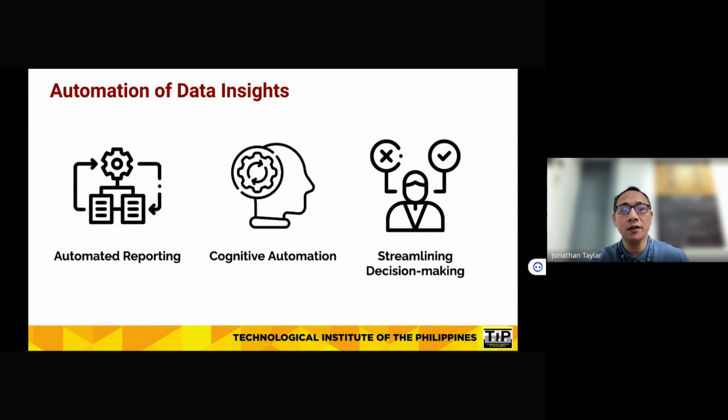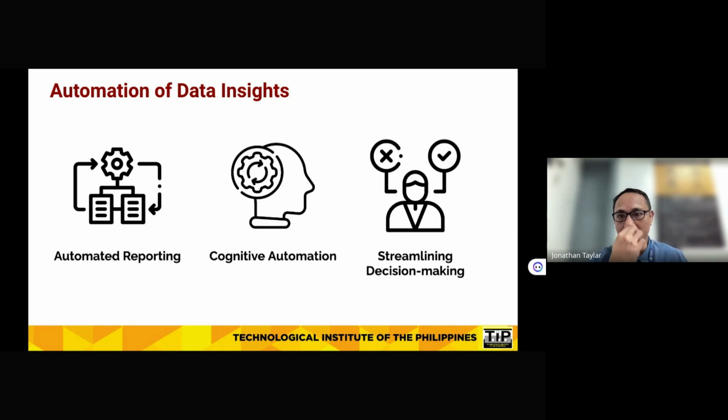Automation in AI, particularly of data insights, happens when you use AI as a leverage tool for automating tasks that have to be done repetitively. For example, AI allows automated reporting, cognitive automation, and streamlined decision making.